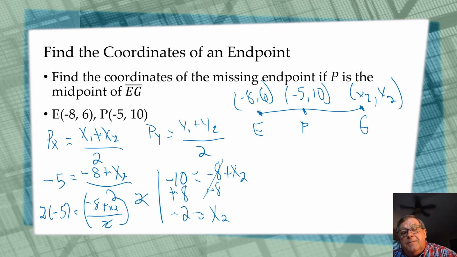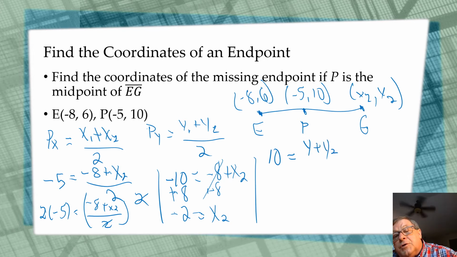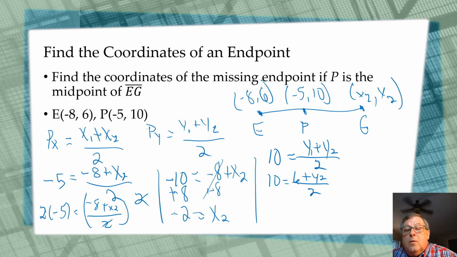Now let's apply the same thing over here and find the Y coordinate. Well, in coordinate P, the Y coordinate is equal to 10. And so that's going to be equal to Y1 plus Y2 over 2. And let's substitute in 6 for Y1. So now I've got 10 equals 6 plus Y2 over 2. We're going to multiply both sides of the equation by 2. And so 2 times 10 is 20.